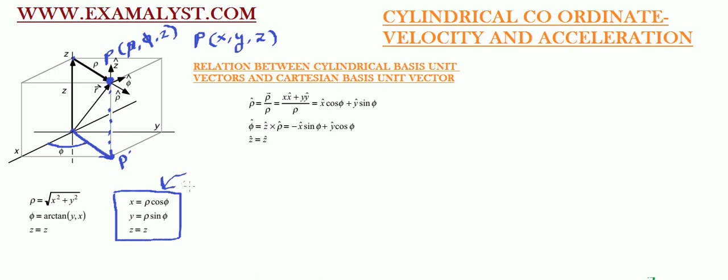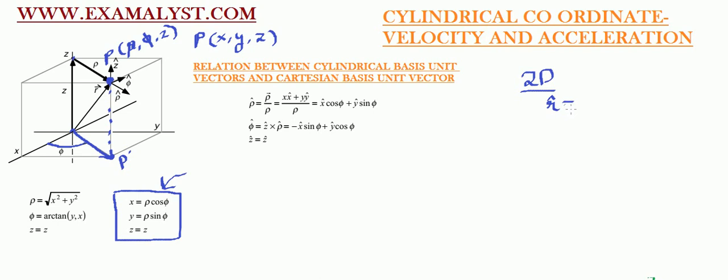Now if this is made, then how are the unit vectors related to each other? Remember, when we looked at our 2D system, we related the unit vectors of Cartesian and polar. So remember what was r cap?